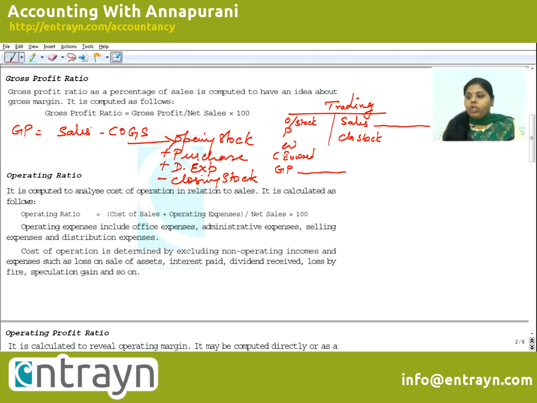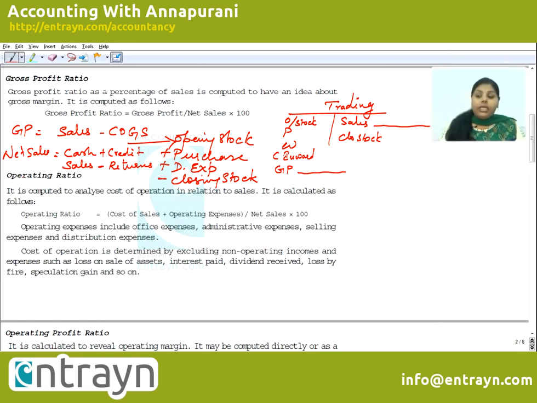So gross profit ratio will be gross profit by net sales into 100. Net sales is what? Cash sales plus credit sales, minus returns inward.